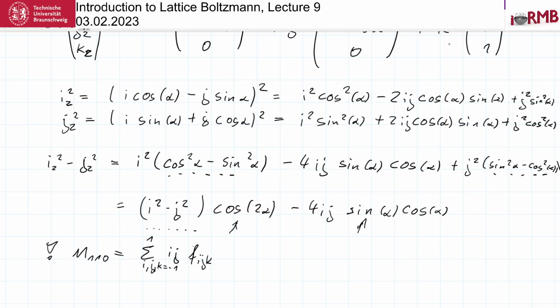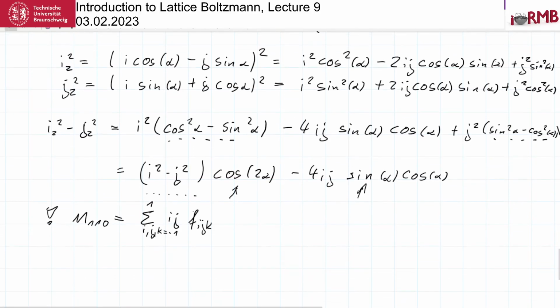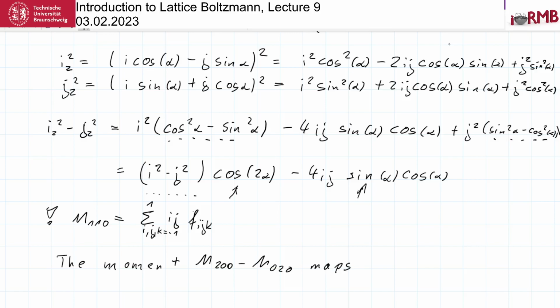And this is the similarity, and the angle is a quarter pi. So the moment m200 minus m020 maps onto m110 by rotation of alpha equal to quarter pi.